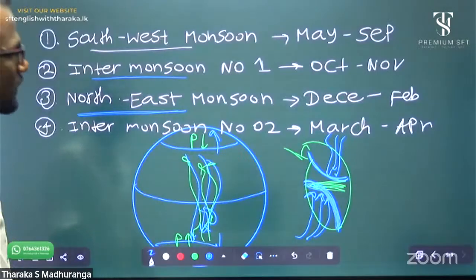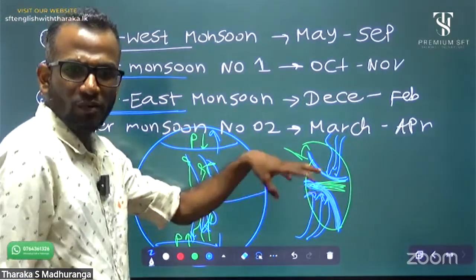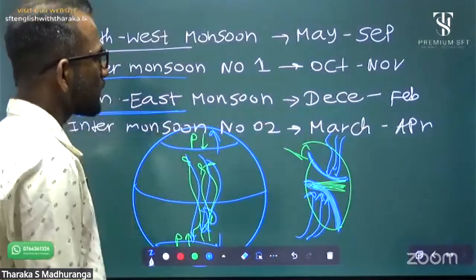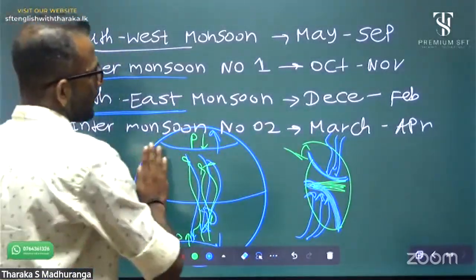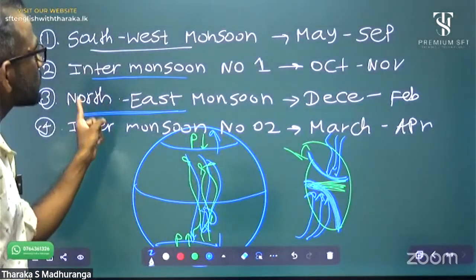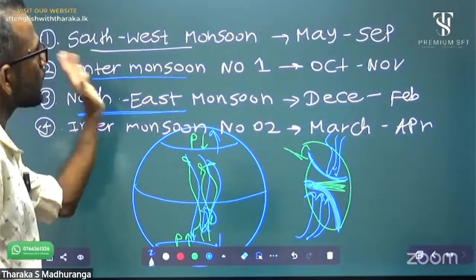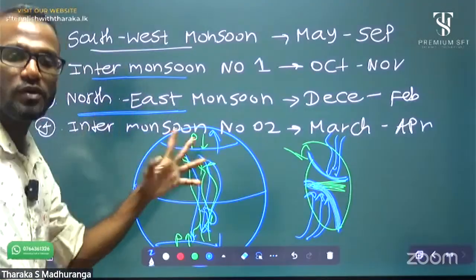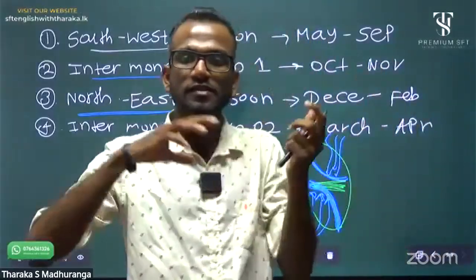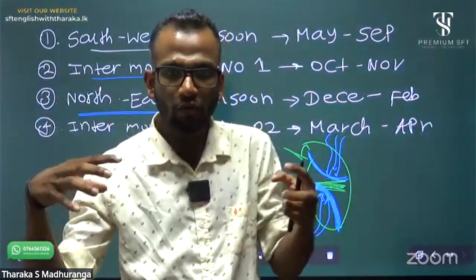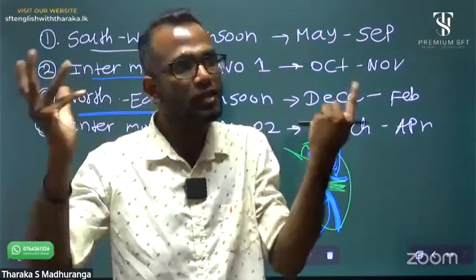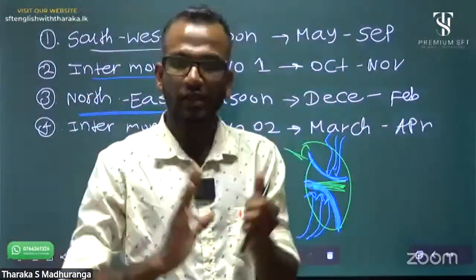I think you got some idea. It's another, I think, geography topic. Okay, I want to show you inter-monsoon number 1 and inter-monsoon number 2. They are convection rain. Convection rain means that in the daytime it is highly hot, so there is evapotranspiration, and in the evening clouds form and it rains.